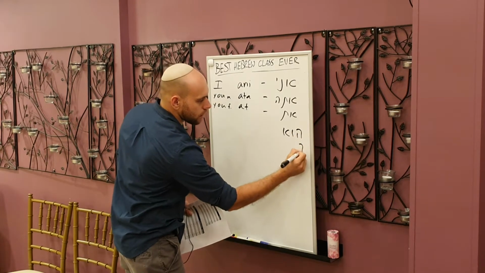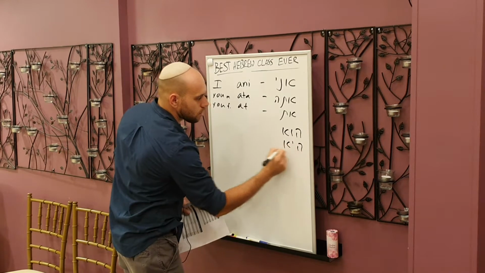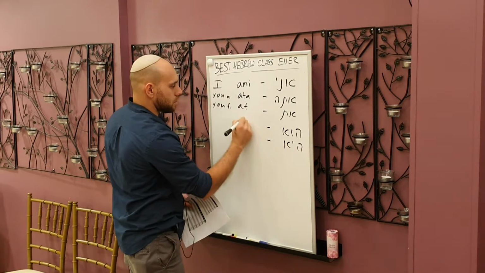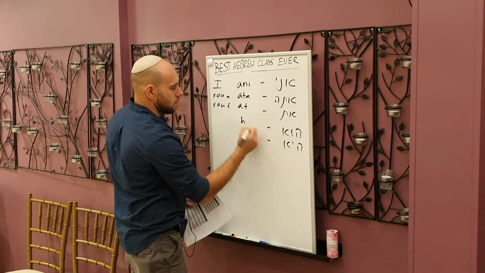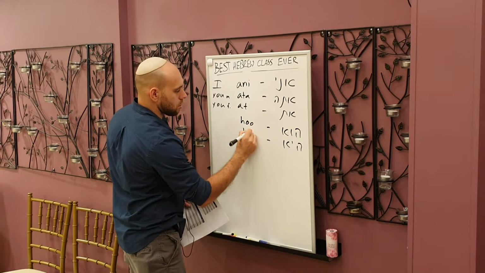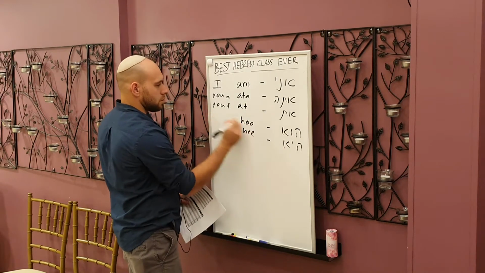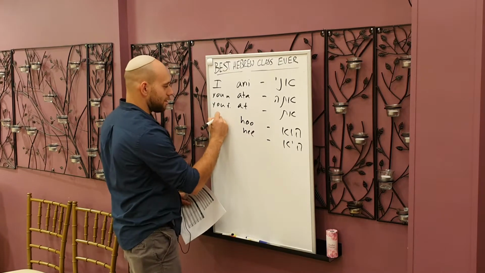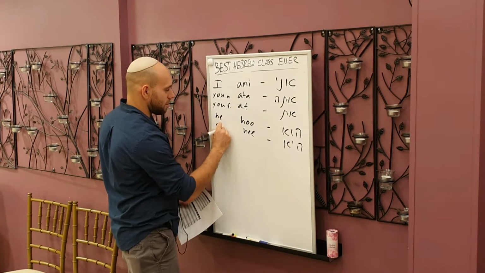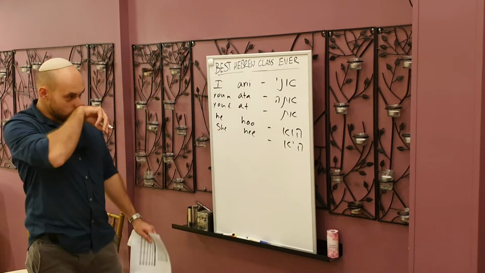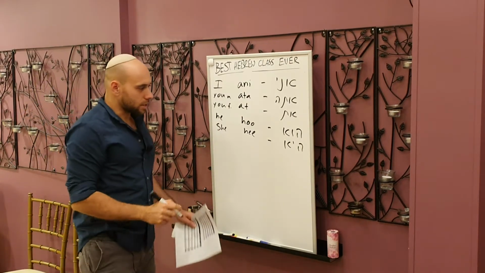Hu and hi. Hu means he, and hi means she. Okay.